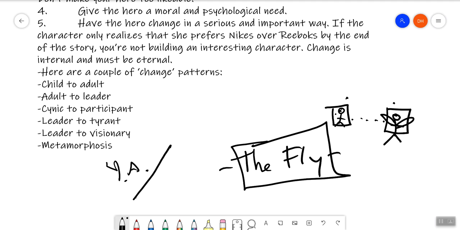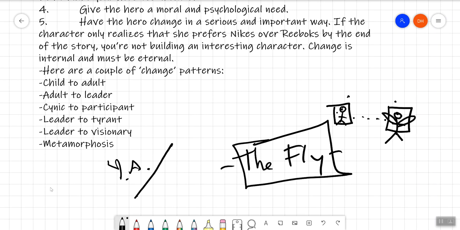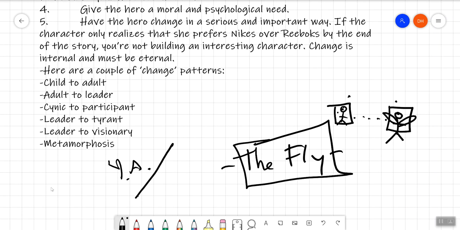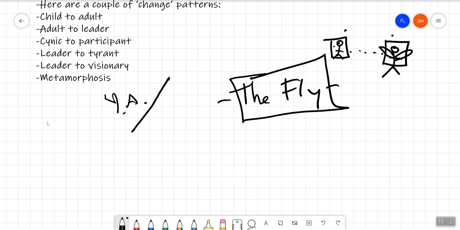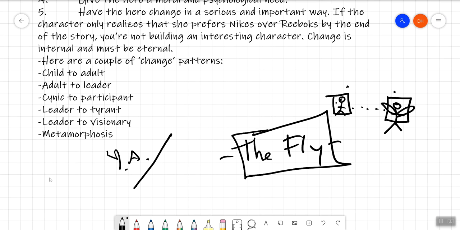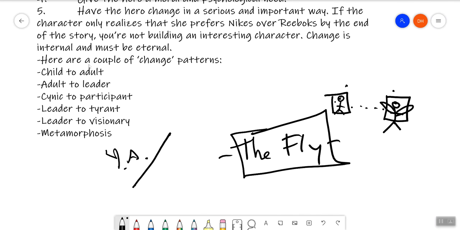We're not writing young adult stories for this class. We're trying to write literary fiction. Okay, but these are important changes that all human beings go through. So that's why I want you to think of these change patterns and try to just focus on one for your stories. Okay, in 20 to 25 pages, you're not going to be able to cover much more than one of these anyway.